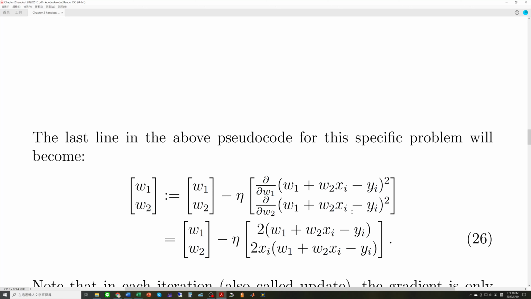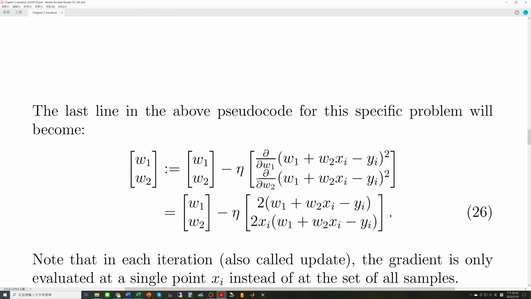Next, we need to find the second element, the partial derivative of this term with respect to w2. First we use the chain rule again.